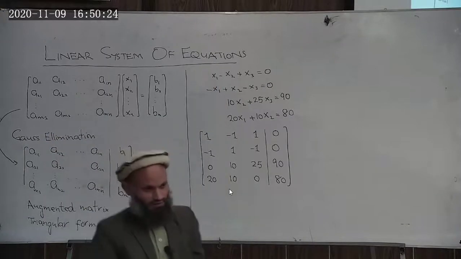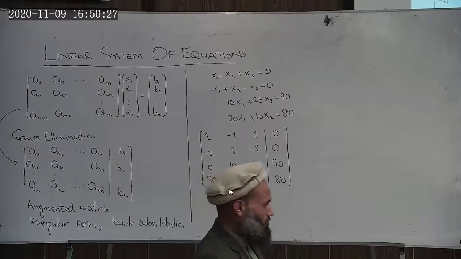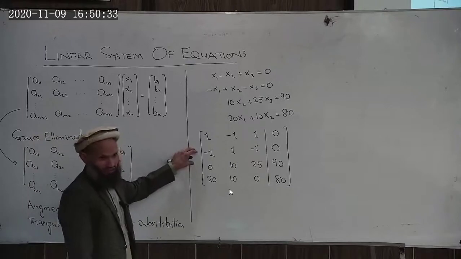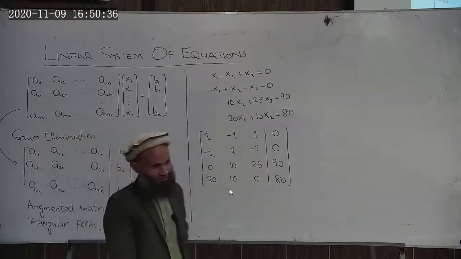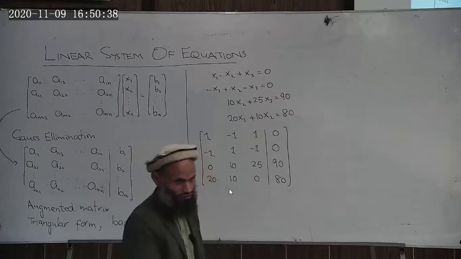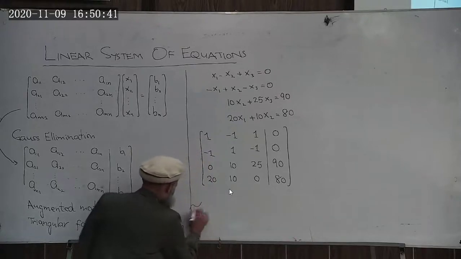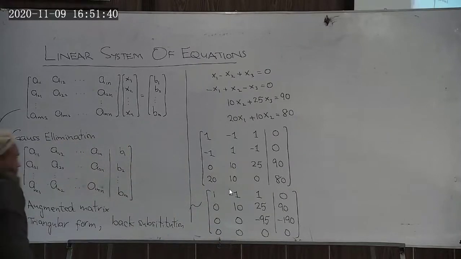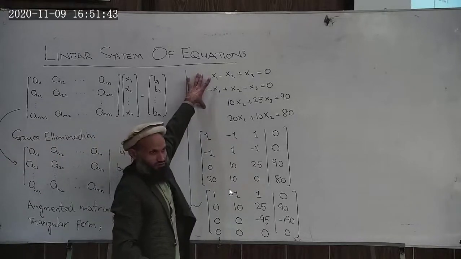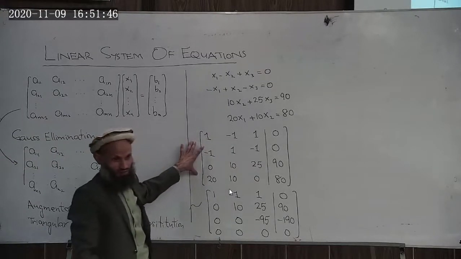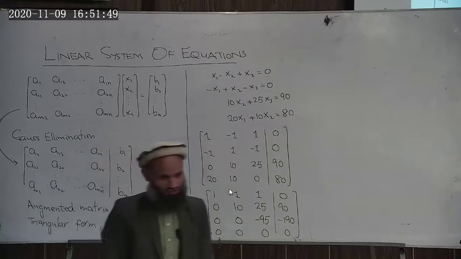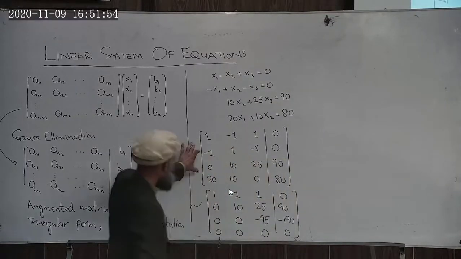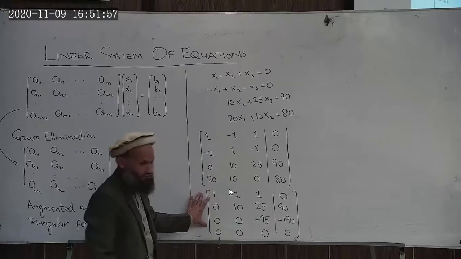This is the augmented matrix, and by a procedure which we shall learn, we transform it into a triangular form. That procedure is called row operations. We shall also talk about row operations. By elementary row operations, we have transformed this augmented matrix into this triangular form.